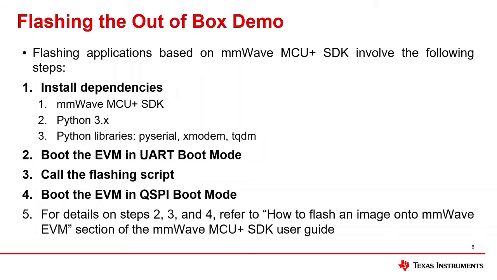We call a flashing script that does the actual flashing, and then we boot the EVM back into QSPI boot mode, which is also colloquially called the functional boot mode, where applications can usually run. For steps 2, 3, and 4, there are more details on how to do this step by step in this section of the SDK user guide, and I will not cover the exact steps in this video for the sake of brevity.